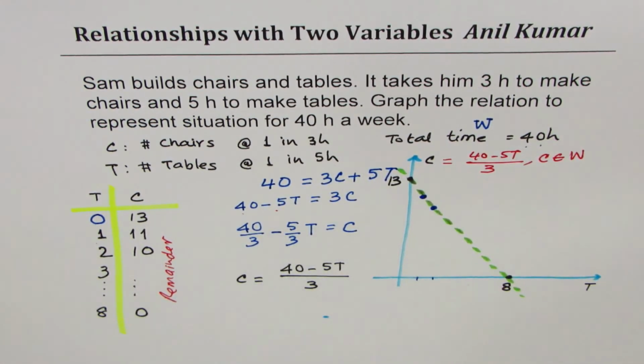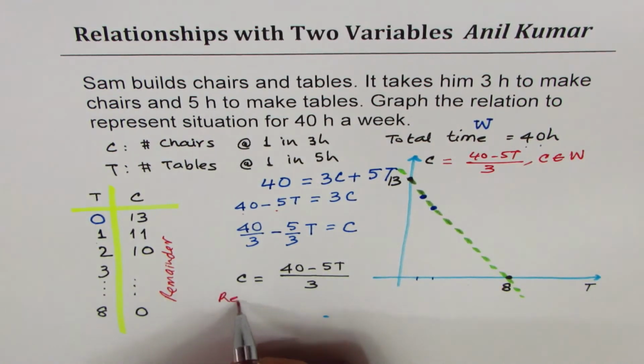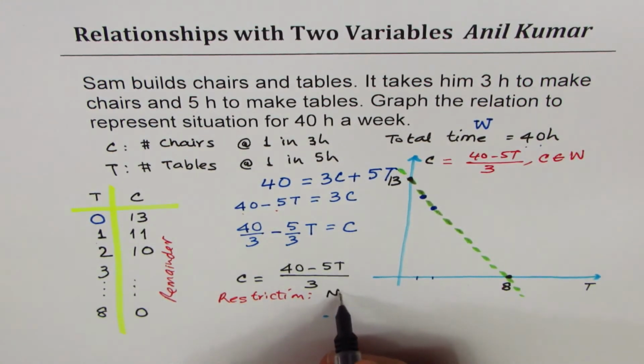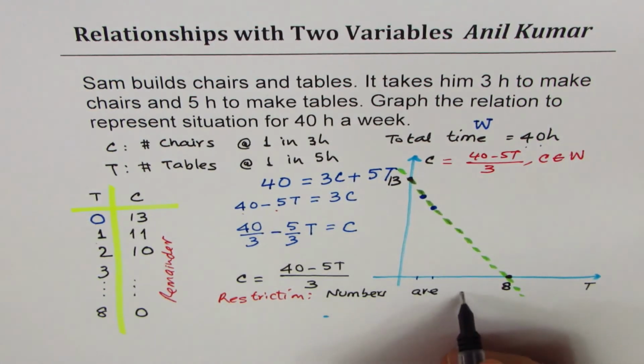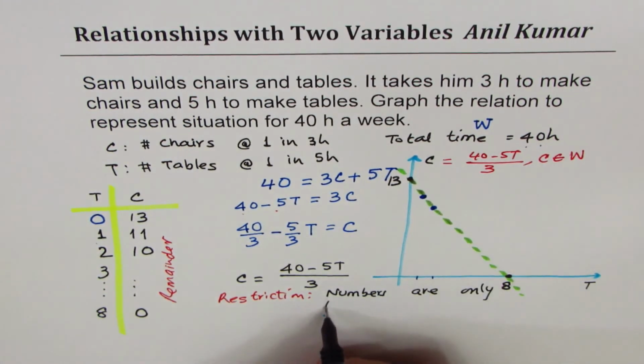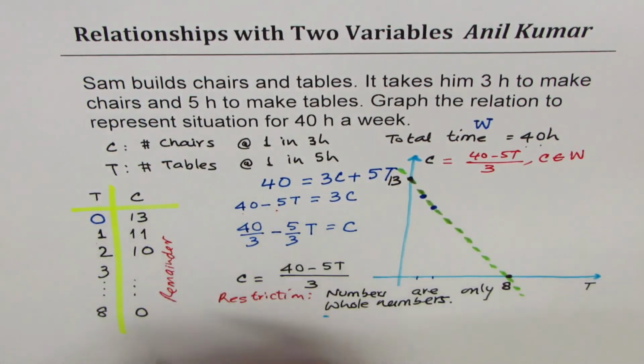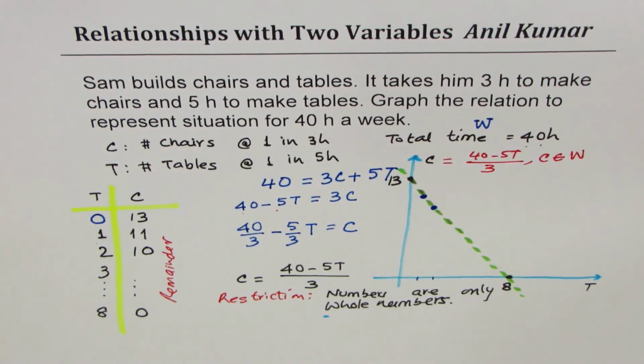So here you will find that we have a restriction, and that is that the number of chairs are only whole numbers. The remainder indicates extra time when something incomplete was produced. Is it okay?